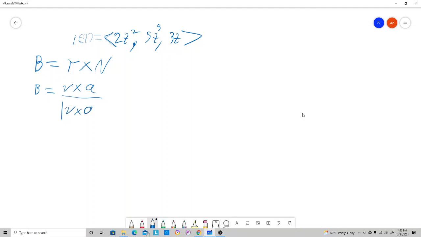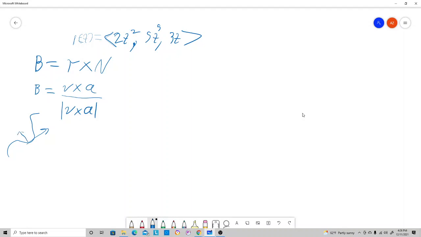V cross a. We understand that v is the derivative and a is the double derivative, standing for velocity and acceleration. So I can think about it like this path. If we have this certain path, the tangential vector, let's say right here, is going to be like this, and the normal vector is going to be like this.